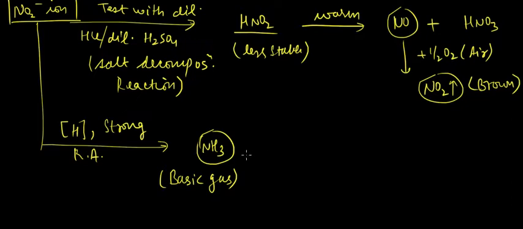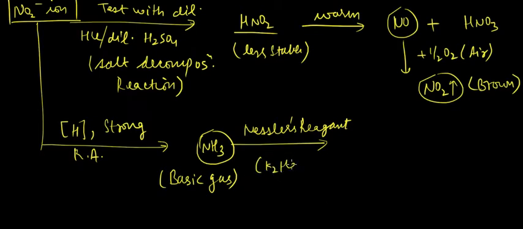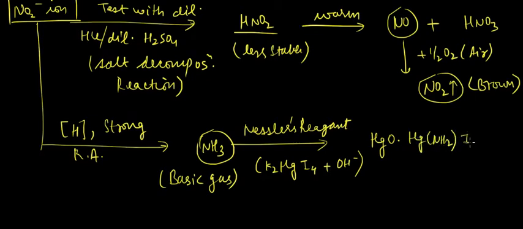And this NH3 gas, on passing through Nessler's reagent, which is nothing but K2HgI4 plus OH minus, we get HgO.Hg(NH2)I.